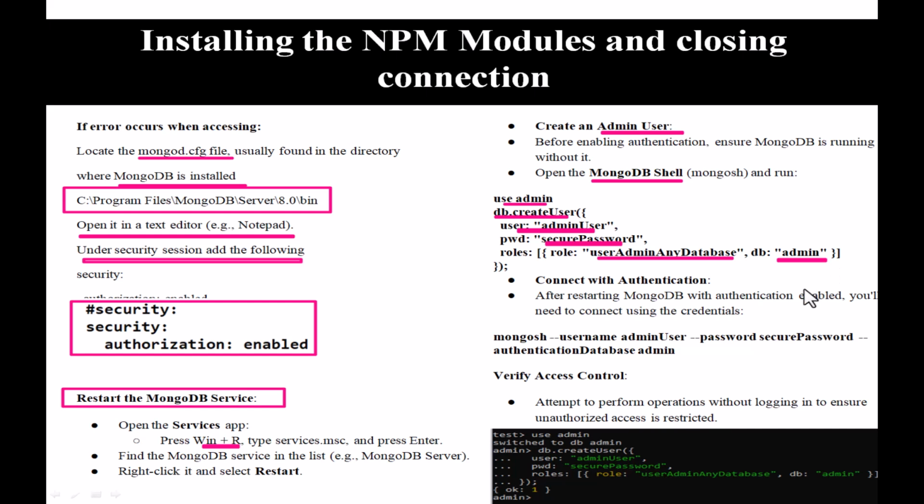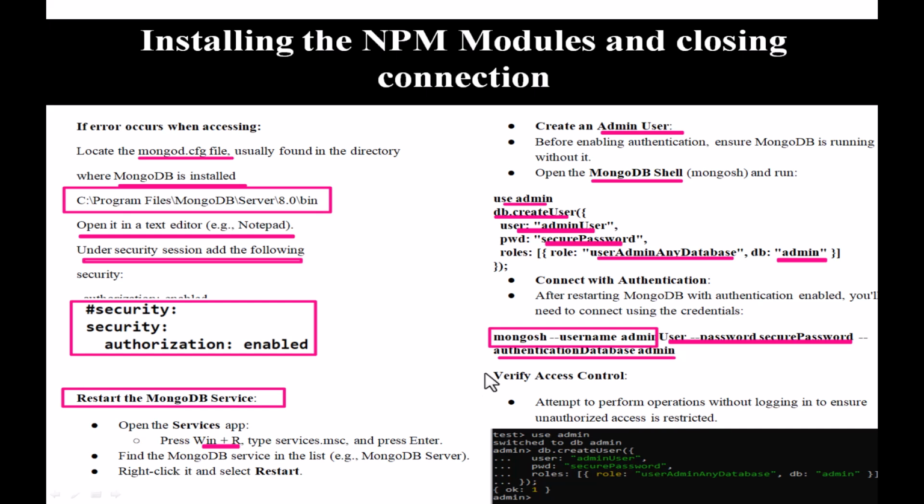Connecting with authentication. After restarting MongoDB with authentication enabled, you will need to connect using the credentials. Next, mongosh with username admin, then password secure password, then authentication database admin, so you authenticate against the admin database.